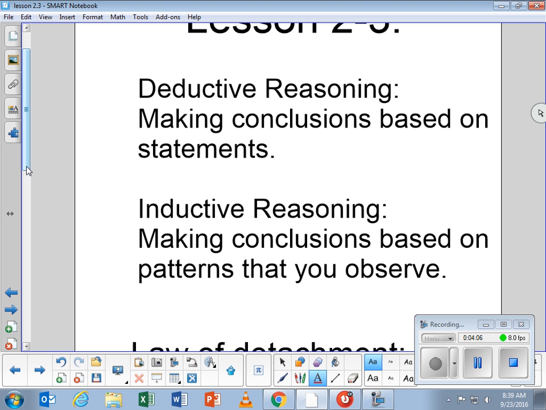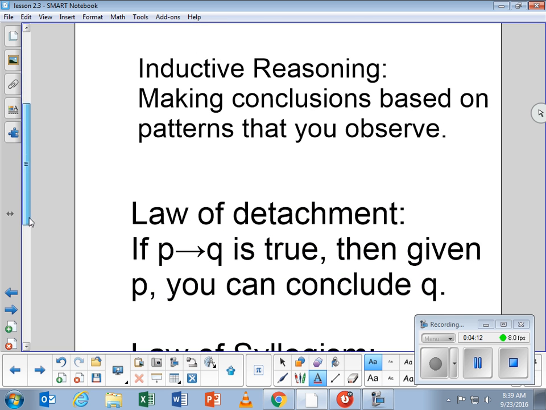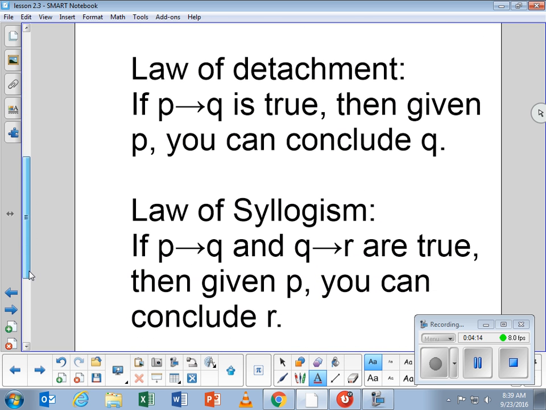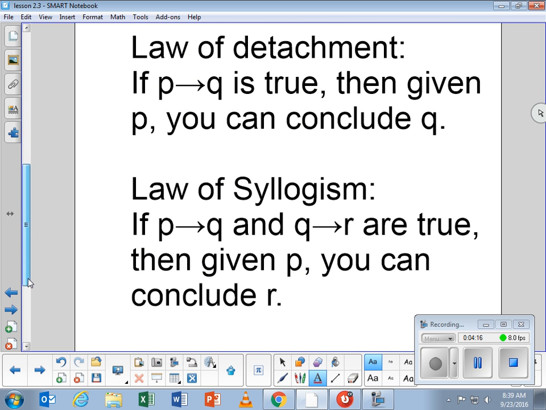Okay? That's deductive reasoning. We're going to be talking about deductive reasoning. The law of detachment and the law of syllogism helps us use deductive reasoning. I only mentioned inductive reasoning because it's covered in Chapter 1 and we're not doing Chapter 1. And I wanted you to understand that there is such a thing as inductive reasoning.